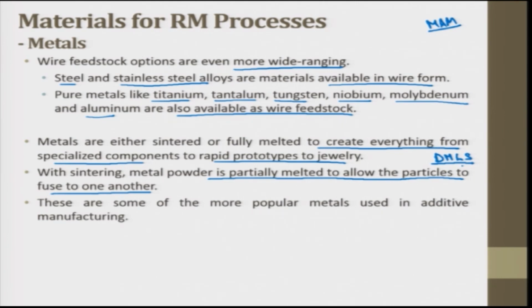Then EBM can also be used, that is electron beam melting. EBM uses powerful beams of electrons to fully melt various powdered metals. This can be used to melt titanium, steel, stainless steel. It is more popular where porosity needs to be very low, such as in high stress, high temperature aerospace applications.